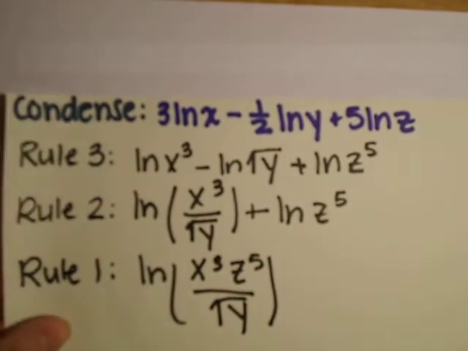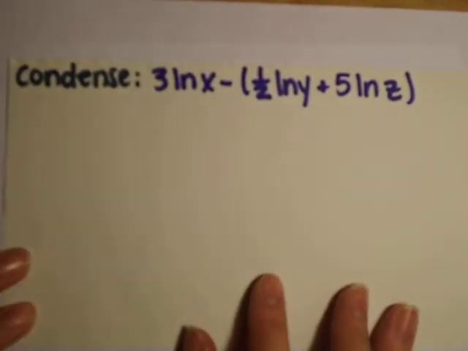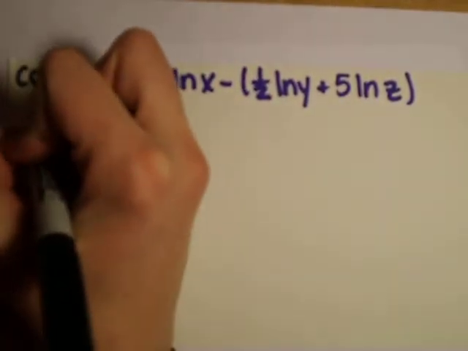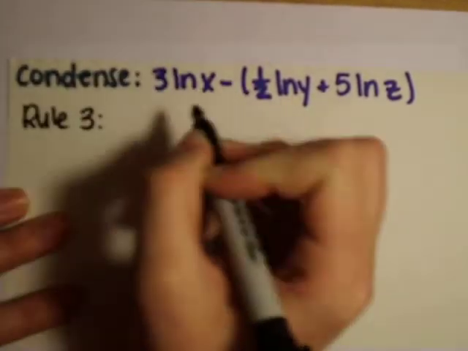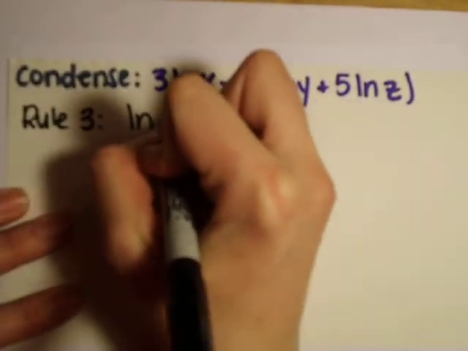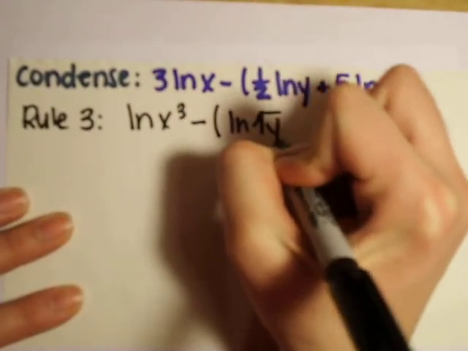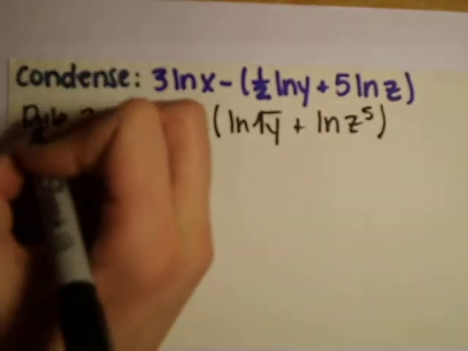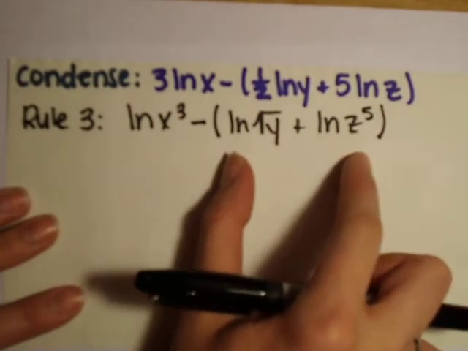Let's try another one, condensing logarithms. This one might be a little trickier. So first we're going to use rule 3 like we did before to rewrite this to have exponents. Rule 3 gives us ln of x cubed minus the quantity of ln square root of y plus the ln of z to the fifth. Now we can use rule 1 to combine what's inside our parentheses.